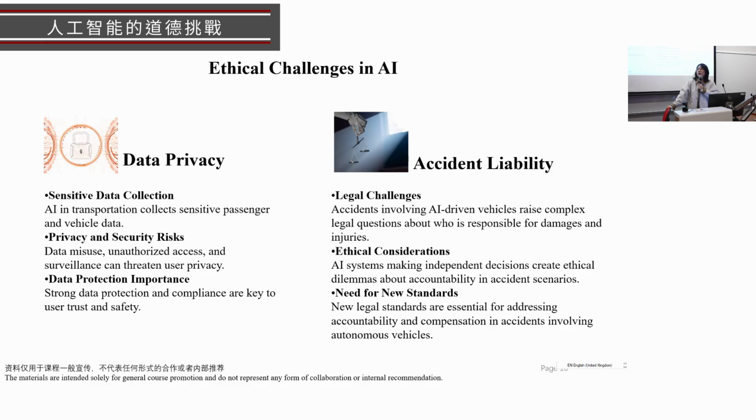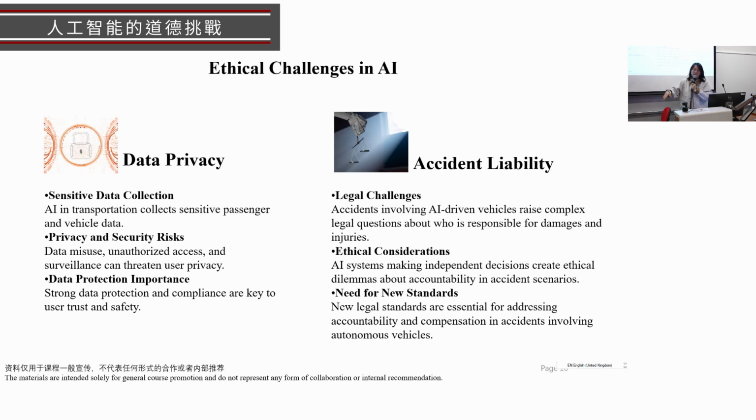Or the AI system provider should be responsible for it. Or the company should be responsible for it. So it's a very common question in the AI ethics challenges. In this subject, later on, we will explain it more.